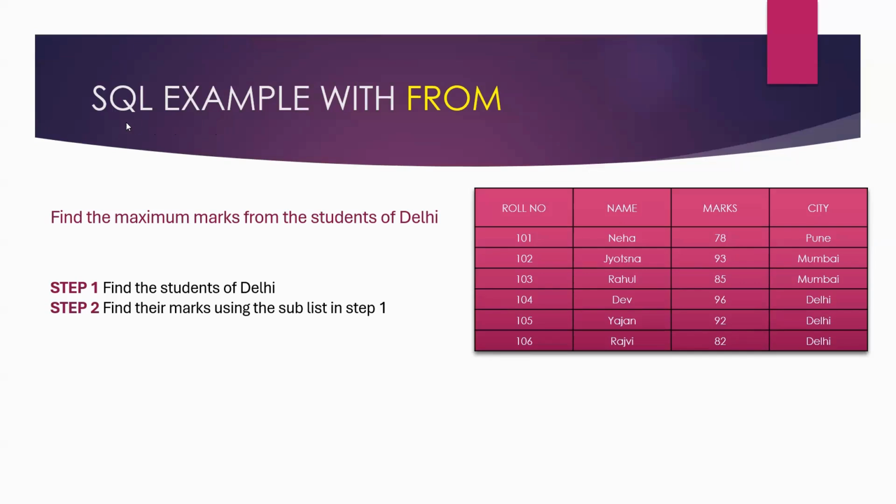So let's understand an SQL example with FROM. We have already learned the WHERE clause and how to use it for solving a subquery. Now we are using FROM to write a subquery. Find the maximum marks from the students of Delhi. Here we need to find city is equal to Delhi.